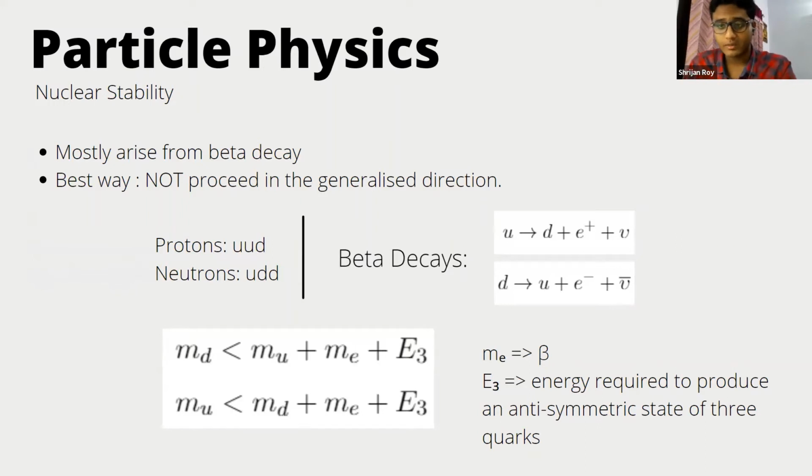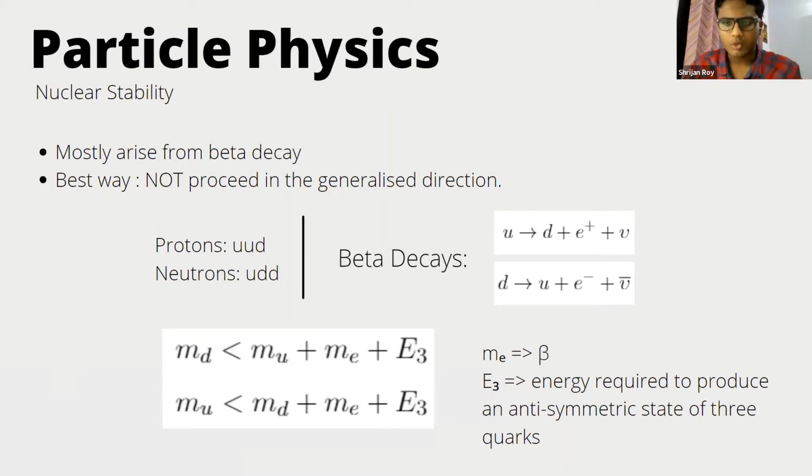But the workable parameters shall be quarks only, because when we model some fine-tuning argument on nuclear stability, usually it is some nuclear reaction that we are modeling. So for modeling a nuclear reaction towards a fine-tuning argument, the generally preferable way is that we don't want a nuclear reaction to proceed in the generalized way.